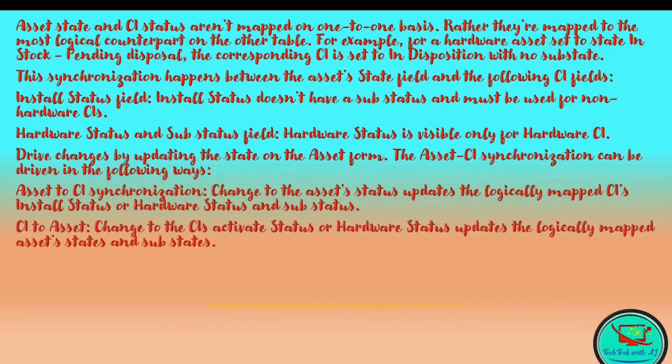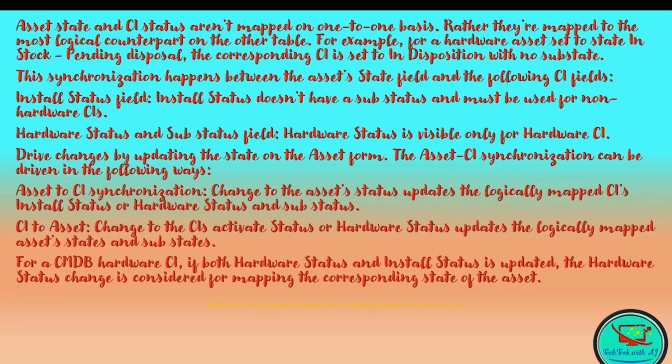The same way when we are moving from CI to asset, a change to the CI install status or hardware status updates the logically mapped asset status and substatus. It's automatic mapping, right? For a CMDB hardware CI, if both hardware status and install status are updated, the hardware status change is considered for mapping the corresponding state of the asset.